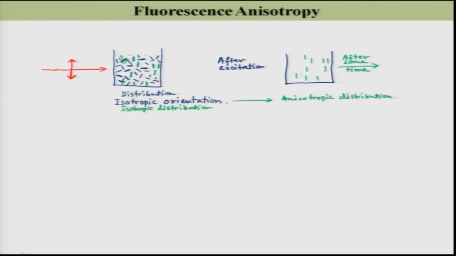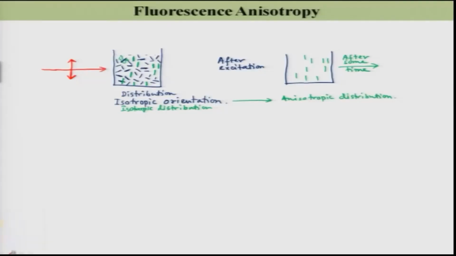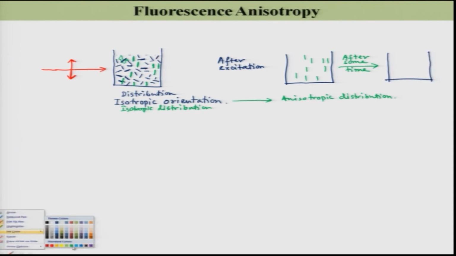So, they will constantly undergo reorientation. After the molecules reorient themselves, the situation will again be isotropic. So, then probably like this, here, like that way. So, it is almost isotropic.